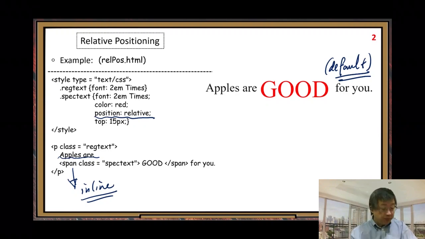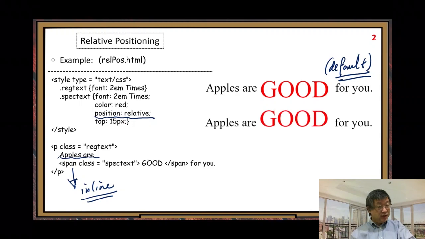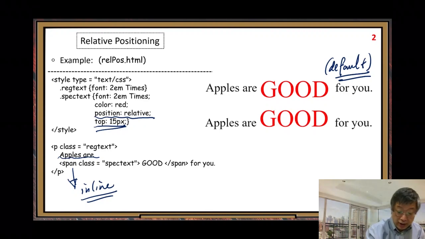Now we use that relative property. You get this, see, you make an adjustment, right? How to make the adjustment? Move towards the top direction 15 pixels relative to the current location. The current location starts from there. Let us compare these two lines.